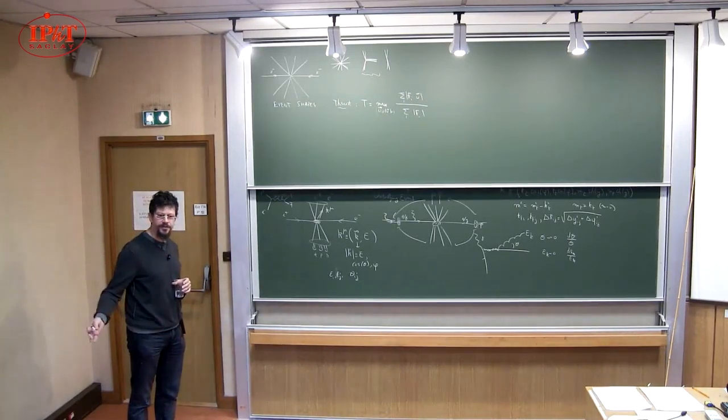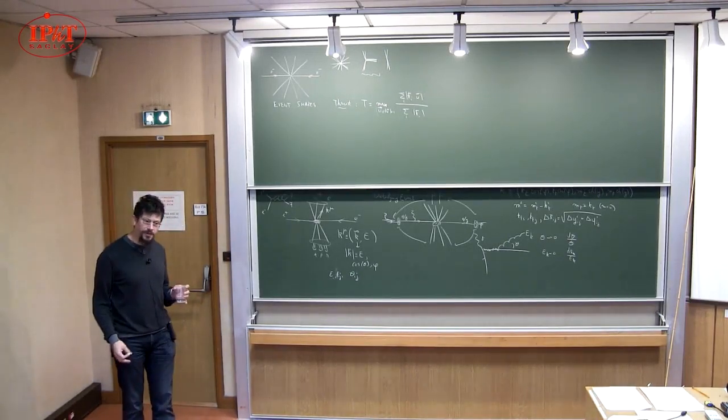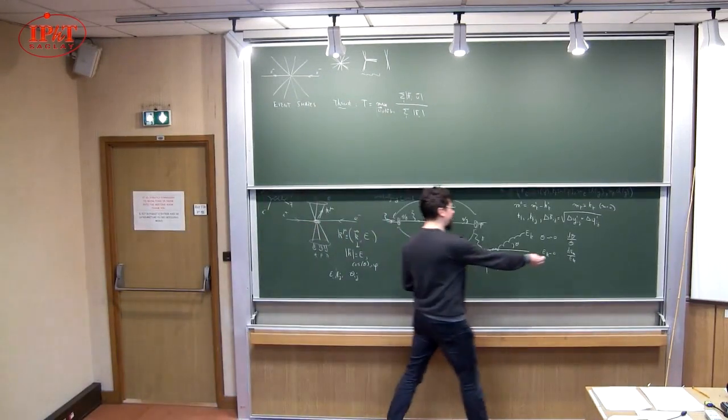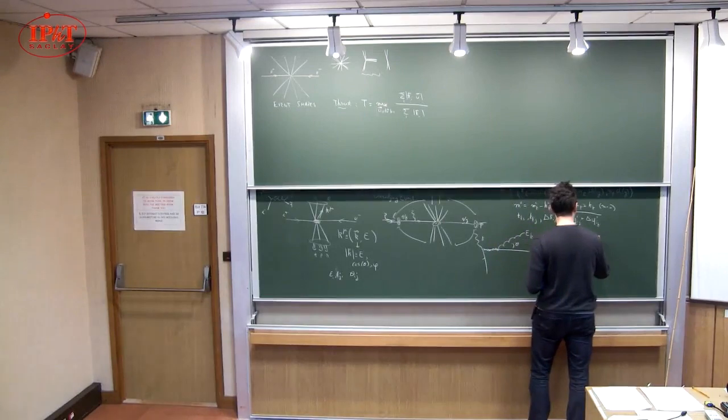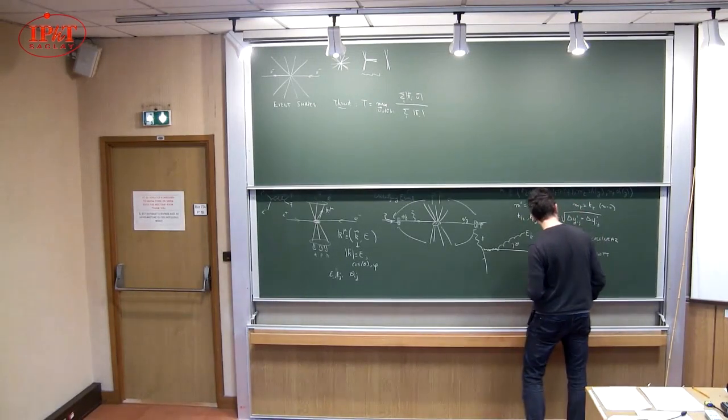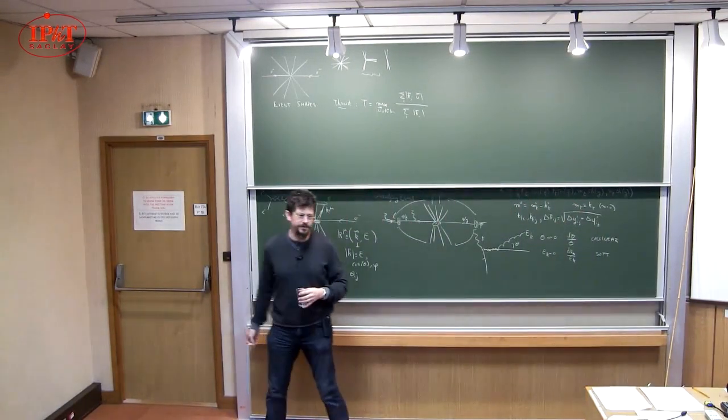So if you sum over all real and all virtual graphs, the answer is finite, but separately the real and the virtual amplitudes are not. And it typically diverges logarithmically in the collinear limit and in the soft limit. And both are examples of infrared divergences.